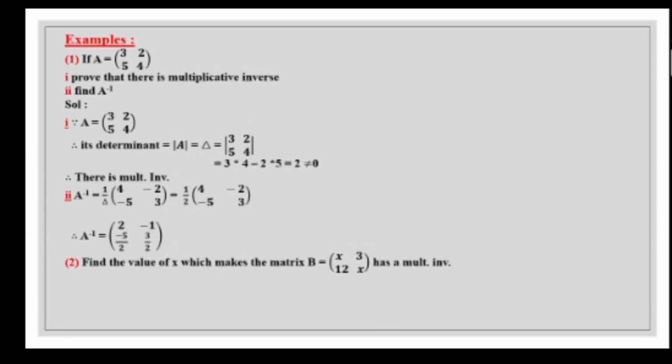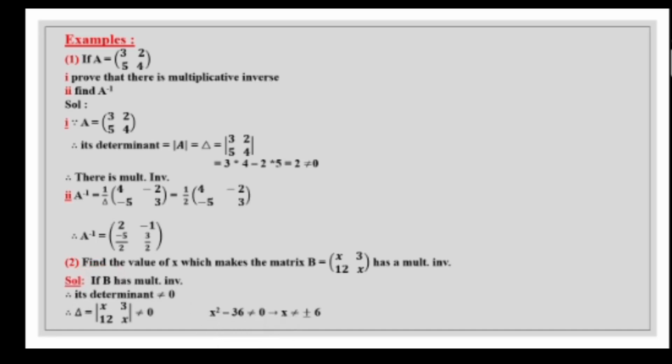Example 2. Find the value of x which makes the matrix P equal x, 3 and 12, x have a multiplicative inverse. As we know, any matrix has a multiplicative inverse if its determinant differs from 0.